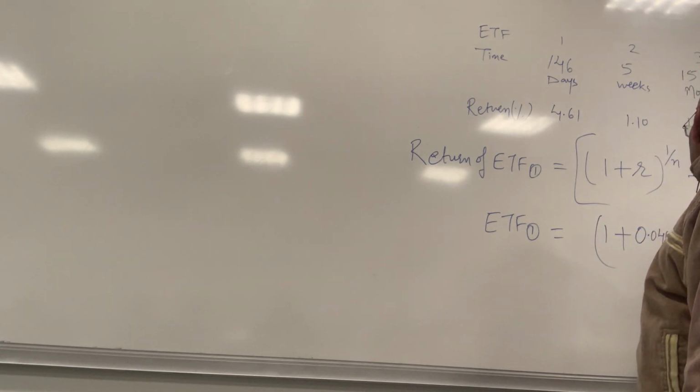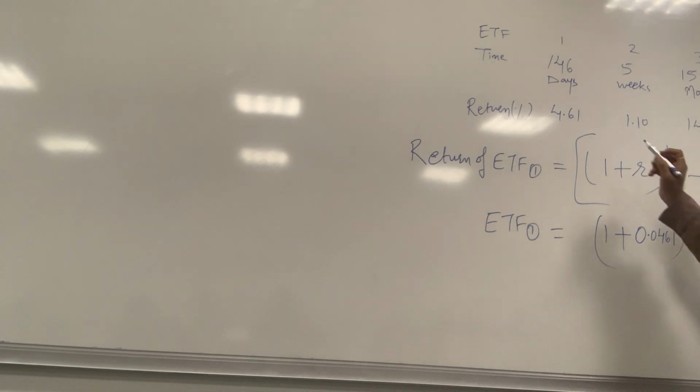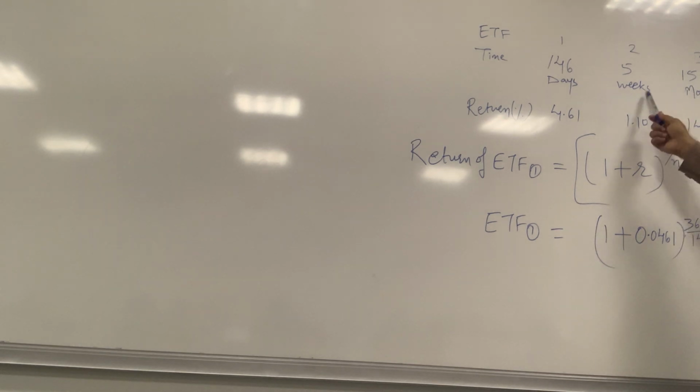And 1 divided by n, here we need to change the 1. According to the given information, for ETF 1 the holding period until now is 146 days. So in place of 1, we have to write 365 days divided by 146. If the information is given in terms of weeks, then we write 52 weeks divided by 5 weeks.